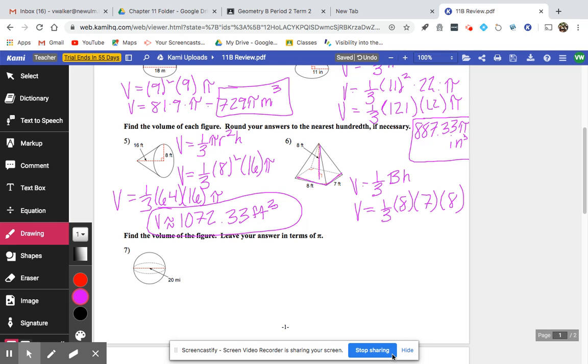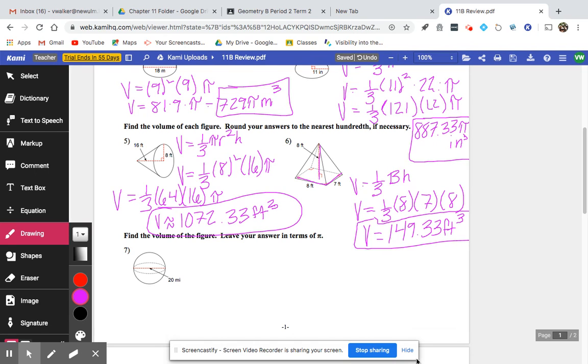Multiplying all of that together, 7 times 8 times 8, divided by 3, you'll get 149.33 feet cubed.